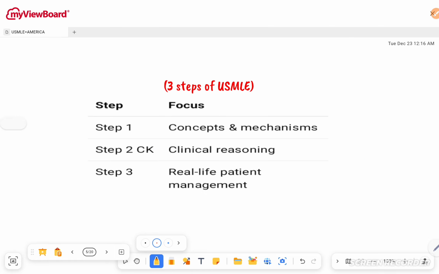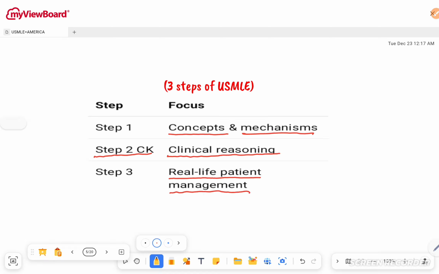Understood? Now, see, USMLE is a three-step examination. So, the first examination, I should say, Step 1, mainly focuses on concepts and mechanisms. Step 2 CK means clinical knowledge. It focuses on clinical reasoning. And Step 3 mainly focuses on real-life patient management.